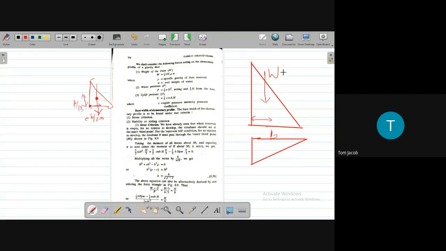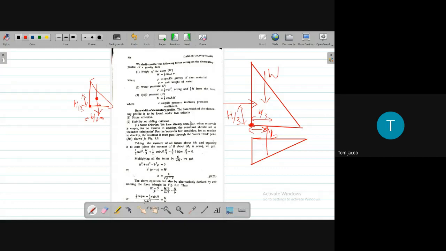So the weight of the dam acts at B by 3 from this vertex. The water pressure acts at H by 3 from the base, and the uplift pressure force also acts through B by 3 from the base.